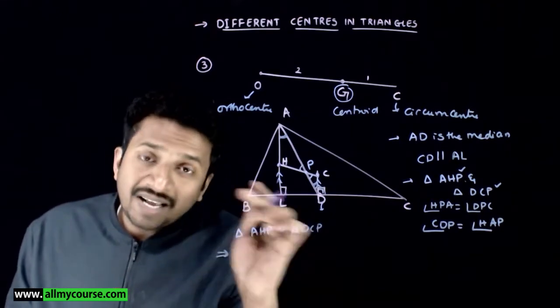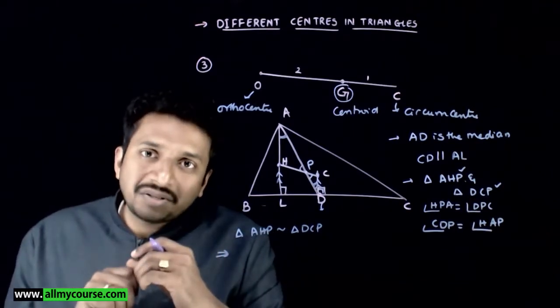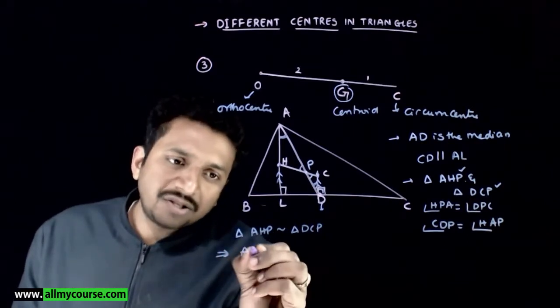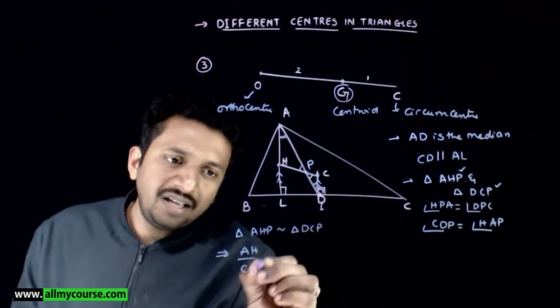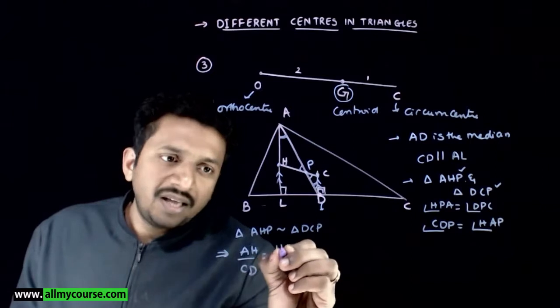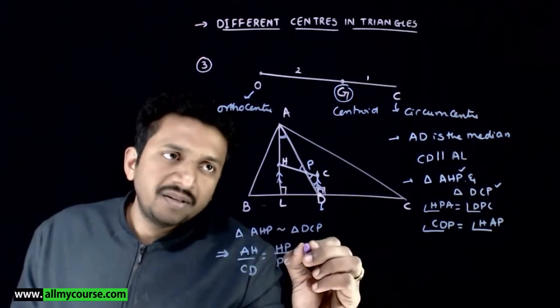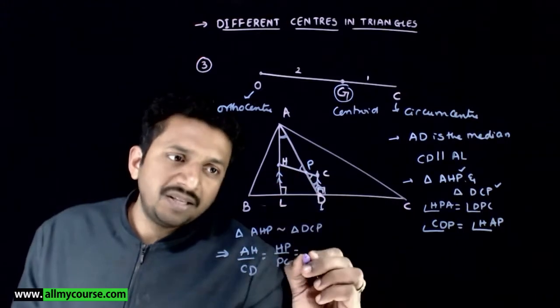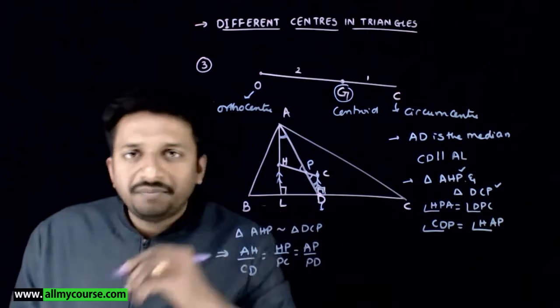Once the triangles are similar, the ratio of the sides is constant. So AH by CD is equal to HP by PC, which is equal to AP by PD.